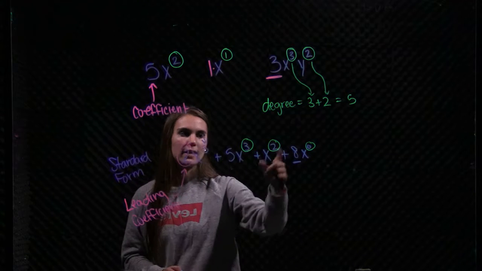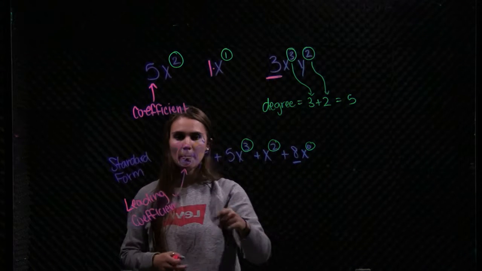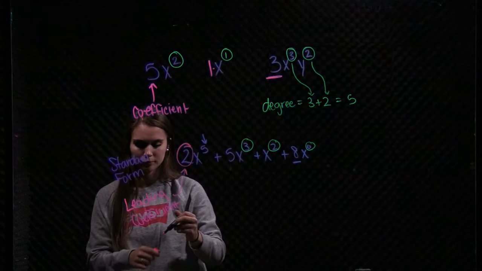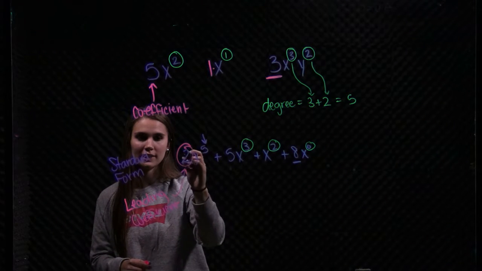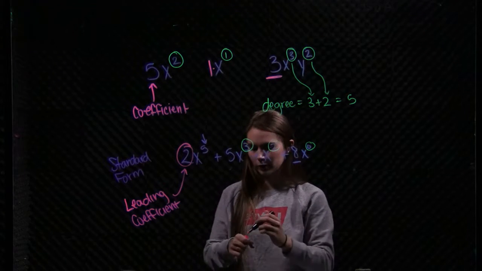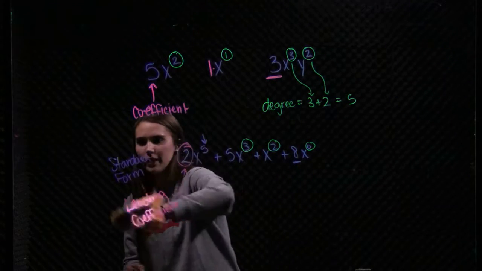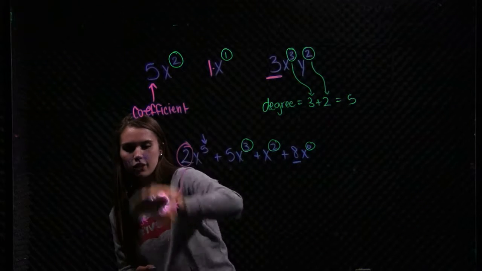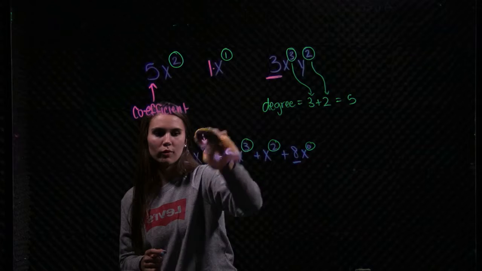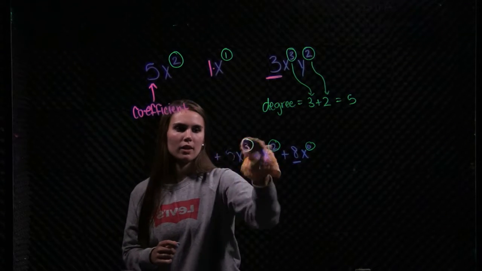Even though our 5 and the 8 are larger than 2, they aren't linked to that first term in the polynomial. So that's why this 2 is called our leading coefficient. It's the coefficient that's at the beginning of the polynomial. So now that we have our definitions, let's move on to adding and subtracting polynomials.